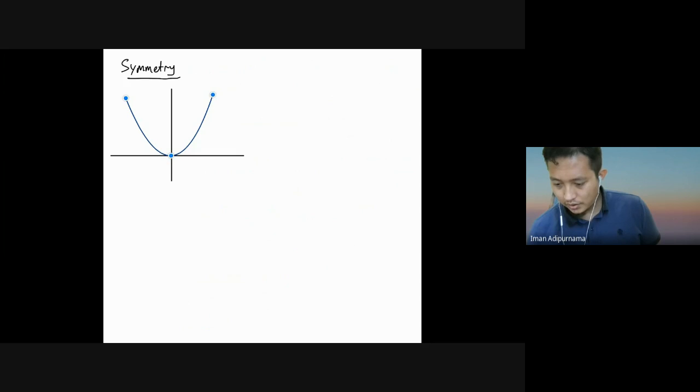Let's say this is the graph of y equal x squared.